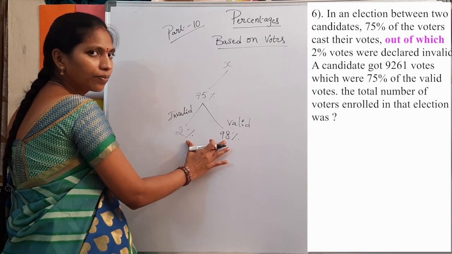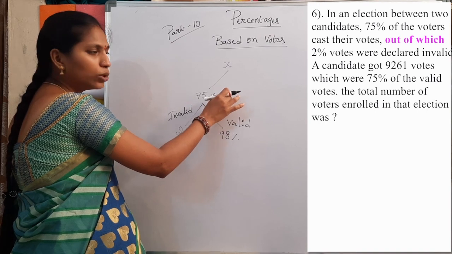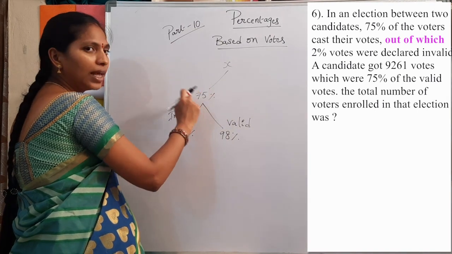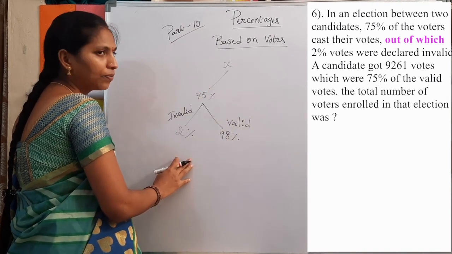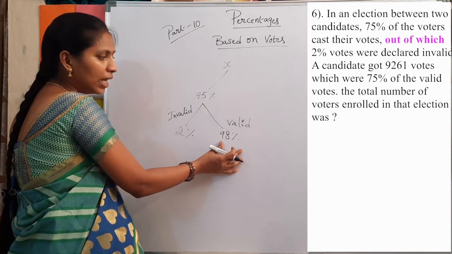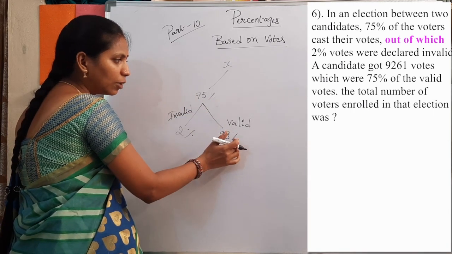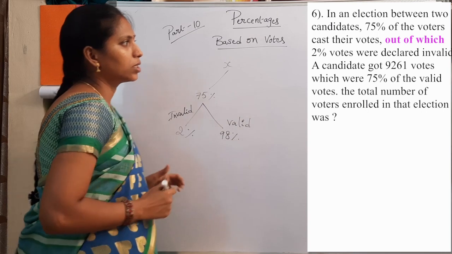Add these two, we get 100%. 75% into 100% means 1, then we get 75% only. Okay, remember this. Don't take 73% here. Invalid votes are 2%, the remaining 98% are valid votes.